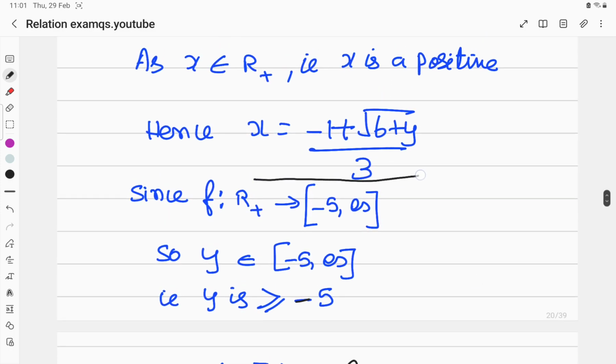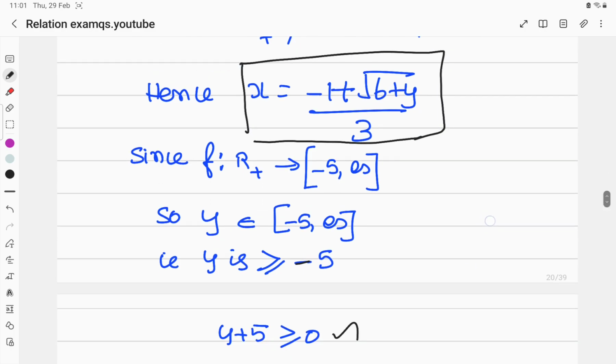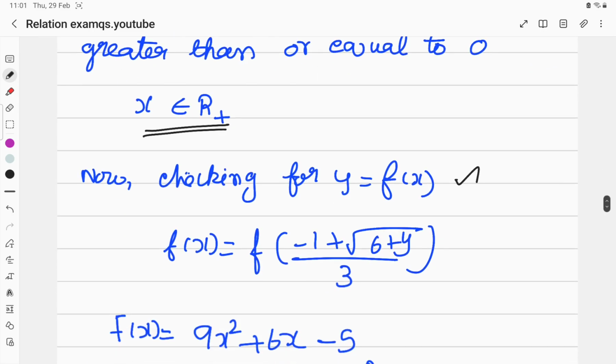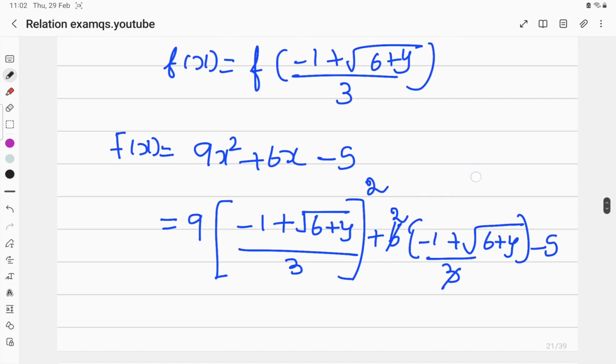Here x is equal to minus 1 plus root of 6 plus y by 3. So using this in the formula 9x square plus 6x minus 5, replacing x is equal to minus 1 plus root of 6 plus y by 3, the whole square, plus 6 into x minus 5.